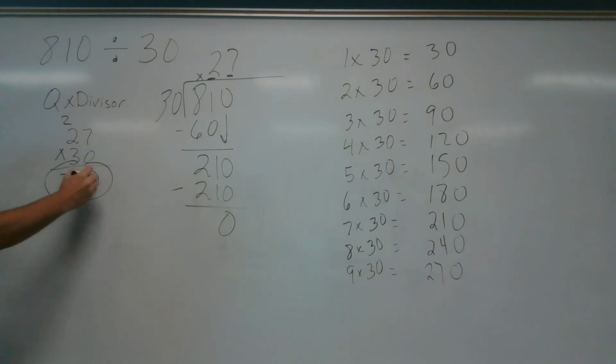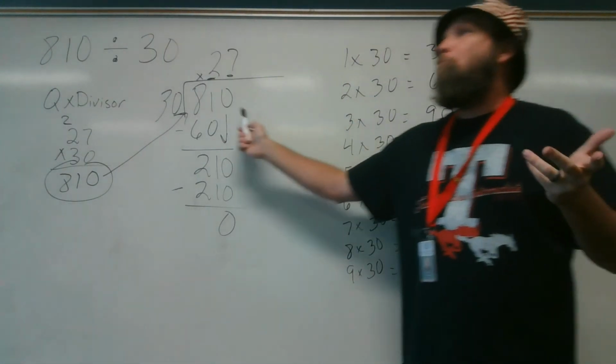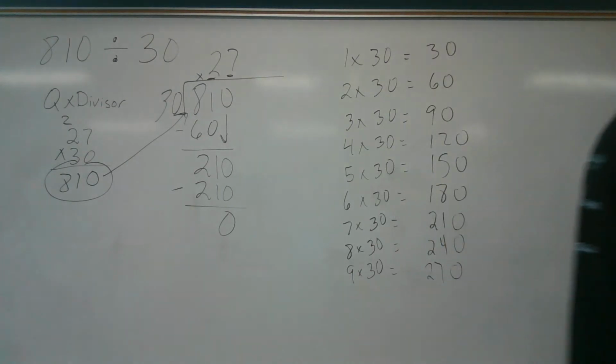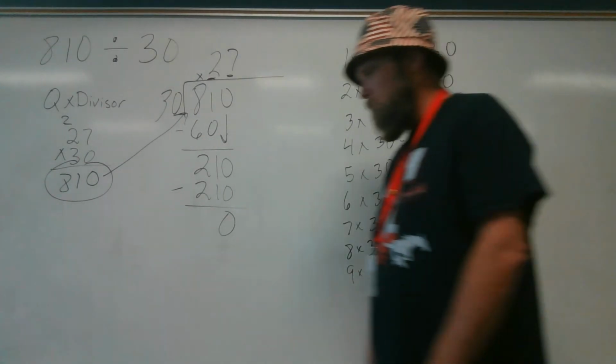And since this and this match, that means I have the correct answer, unless I did both parts of this wrong, which hopefully would be crazy. If I did that right, Matthew, crazy.